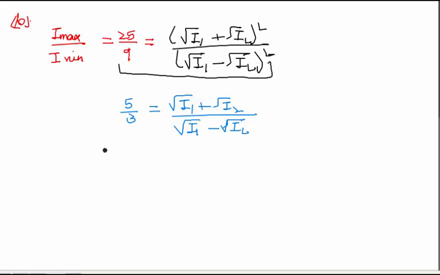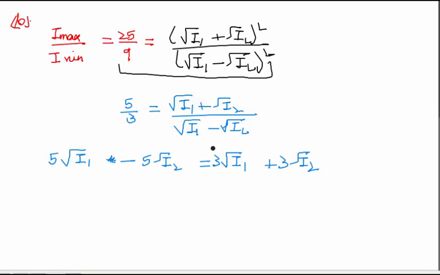So when we take it to the other side, we'll get 5 root I1 minus 5 root I2 is equal to 3 root I1 plus 3 root I2.